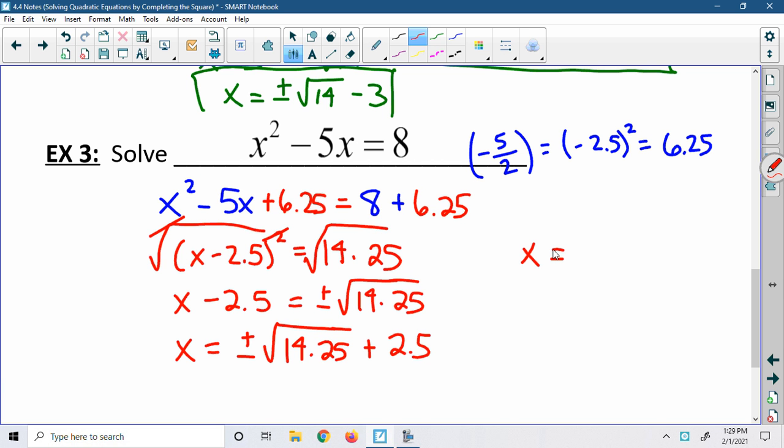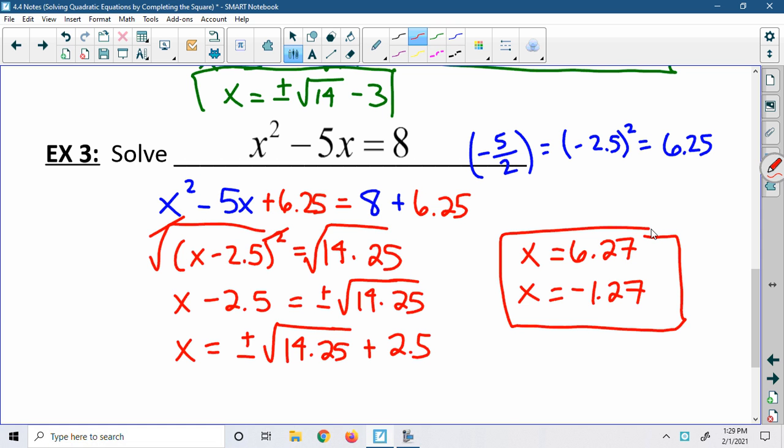So picking up my calculator, typing in positive square root of 14.25 and then plus 2.5, I get 6.27. My other one, now I'm typing in negative square root of 14.25 plus 2.5, and I got negative 1.27. So those are my two answers for x.